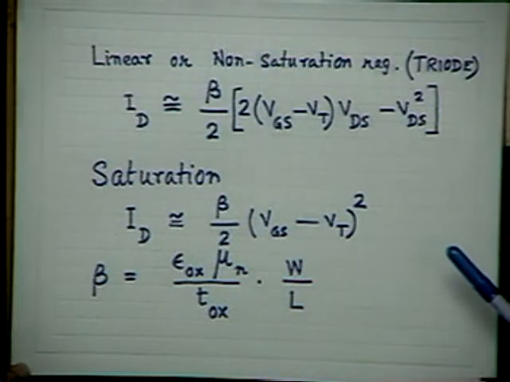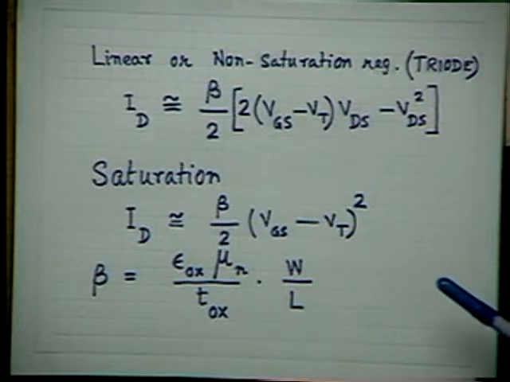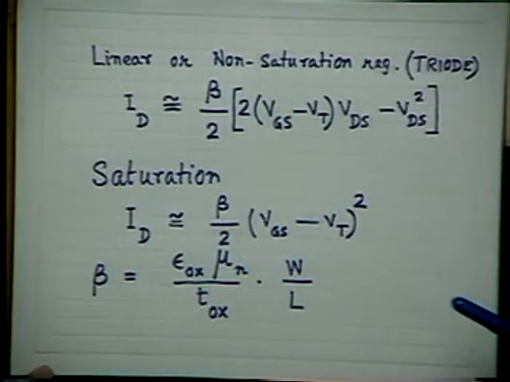For example, definitely nMOS will be superior to PMOS, electrons having higher mobility than holes. It is proportional to epsilon OX, the dielectric constant. So if you can use a dielectric of higher permittivity, I will benefit so far as transconductance is concerned, and it is inversely proportional to the gate oxide thickness.